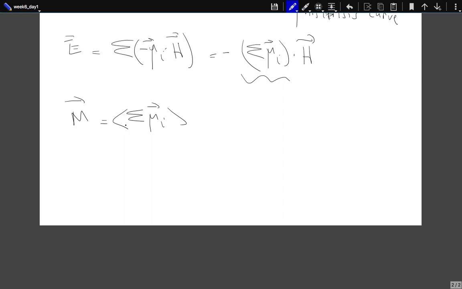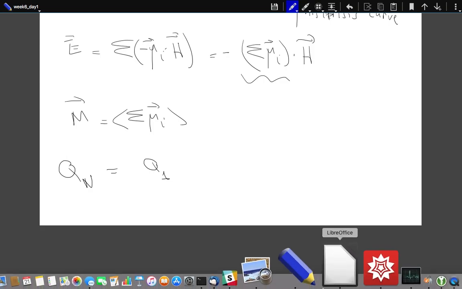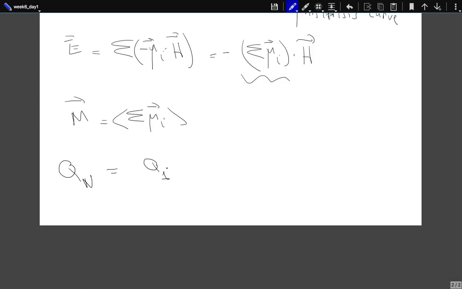Now, if you remember what we did in the canonical ensemble, we were looking at the partition function, which, if the systems are not interacting, can be written as the partition function of a single particle making the system raised to the power N, and then there was the 1 over N factorial for indistinguishable particles.